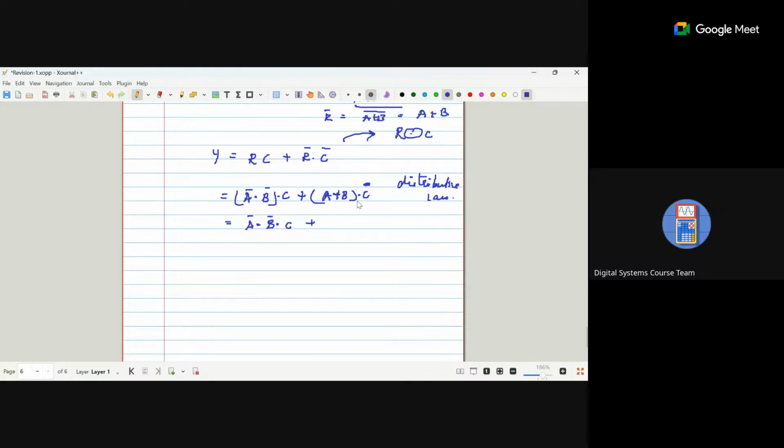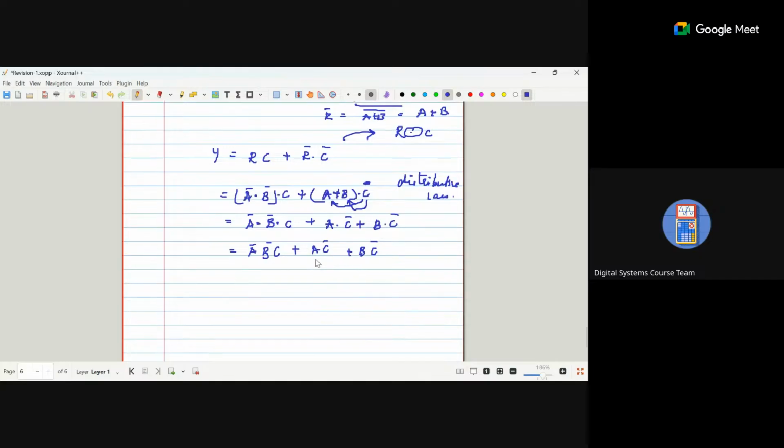So how you'll apply the distributive law is this will come here with this. So this will be A and C bar plus B and C bar. Okay. So now you have A bar B bar C plus A C bar plus B C bar.